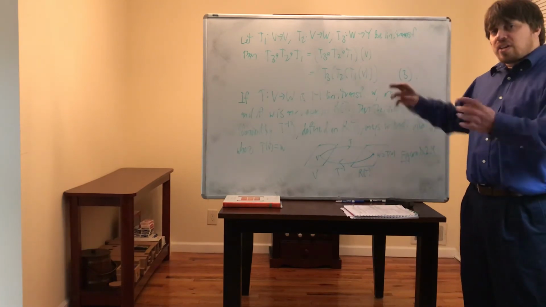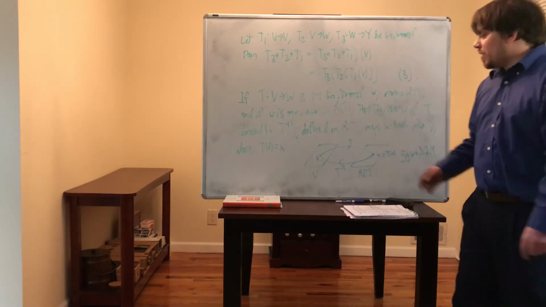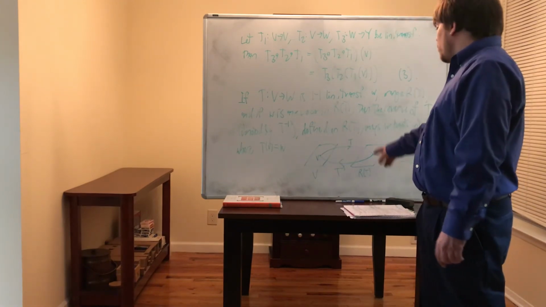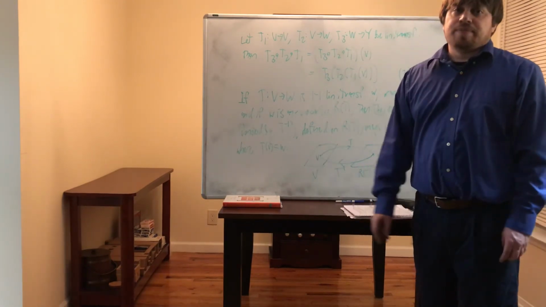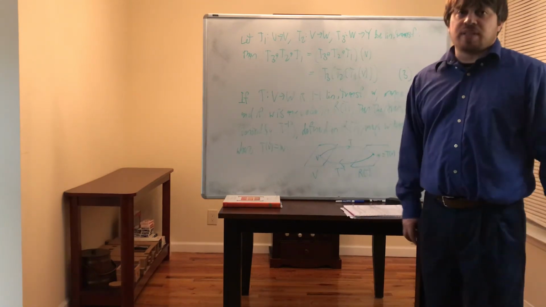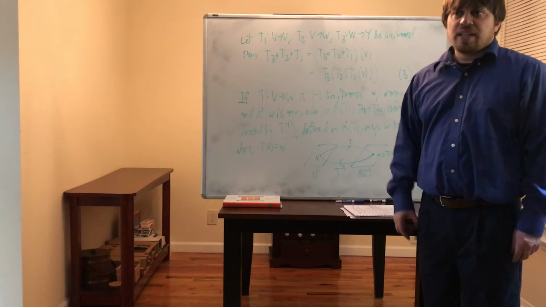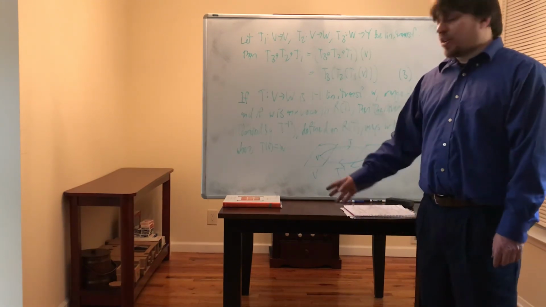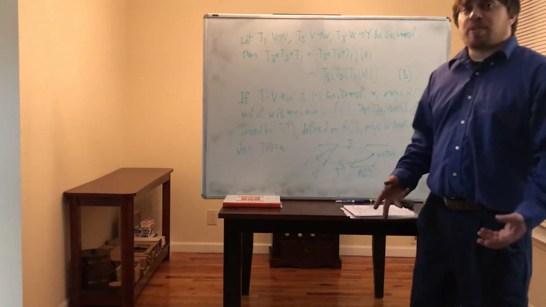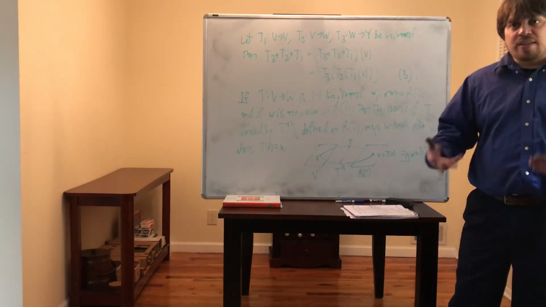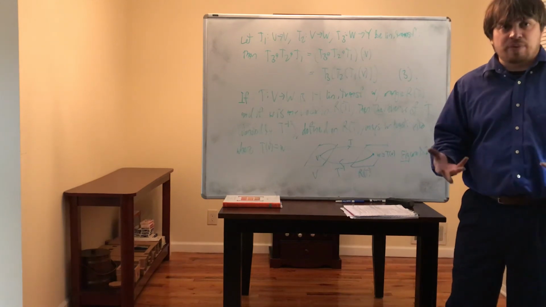T inverse is like undoing what T did. So if T is a map that maps V to W, T inverse will map W back to V. It's like doing the opposite of what T did. If you add 3, the opposite would be to subtract 3, and you get right back where you started.